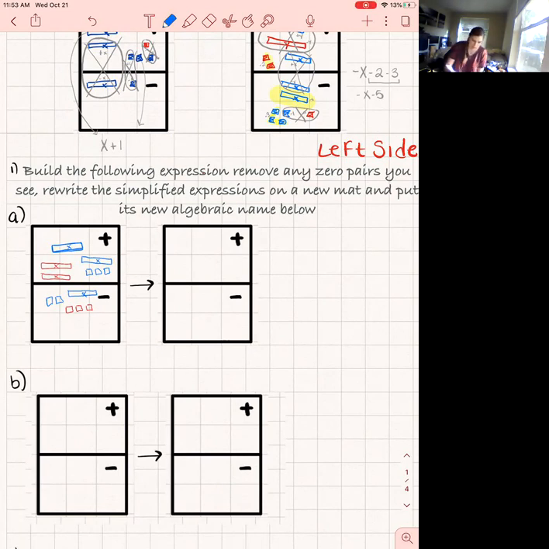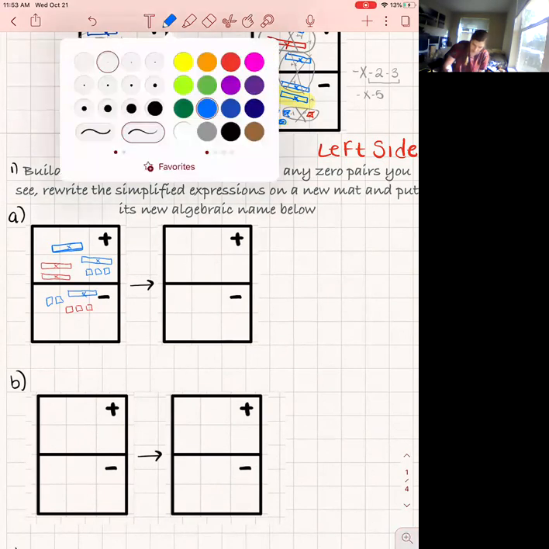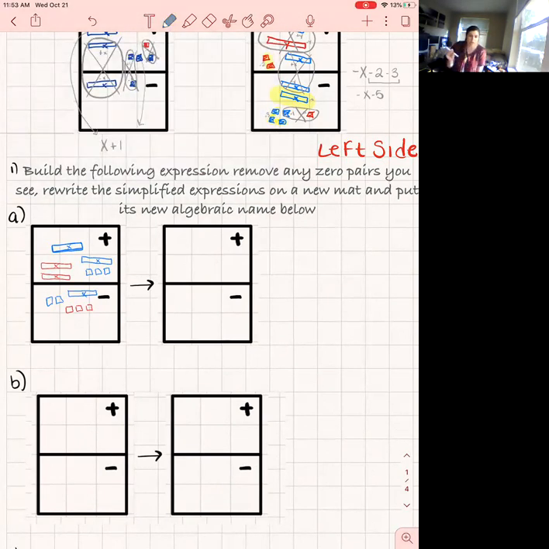All right, if I'm going in and removing some 0 pairs, now you might see 0 pairs a little differently than I do, as long as we end up at the same place. The 0 pairs I see right away is I'm going to pair up those unit tiles. Those are different colors, same side, so they're gone.